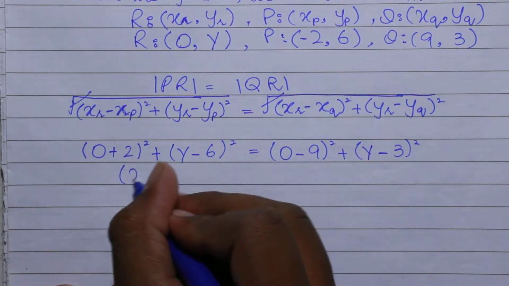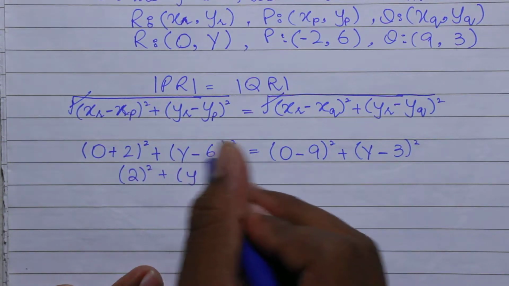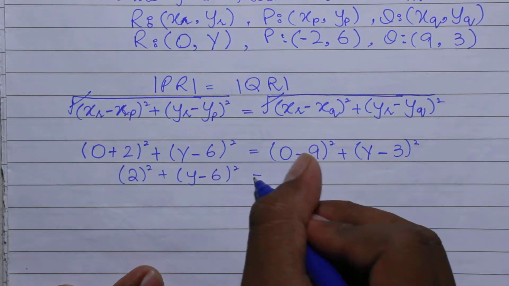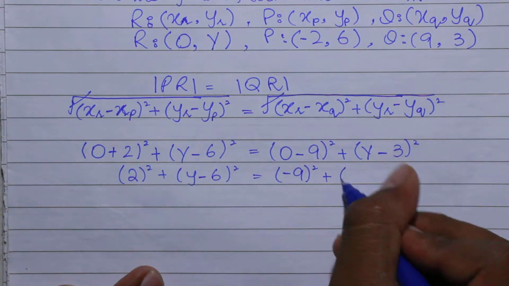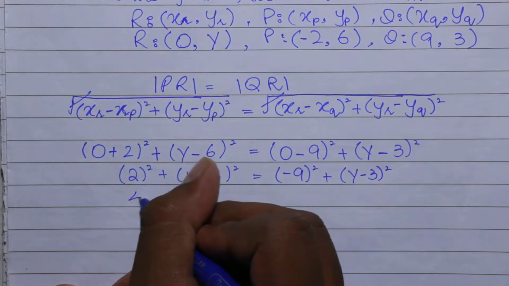0 plus 2 gives you 2 only. y minus 6 will remain as it is. 0 minus 9 is minus 9 squared, plus y minus 3 whole squared. 2 squared is 4.